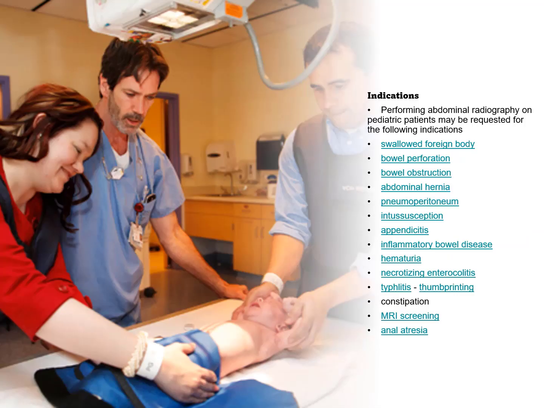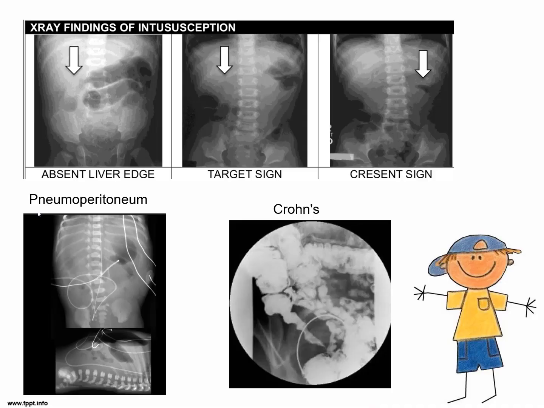There are a number of indications for performing abdominal radiographs, ranging from swallowed foreign bodies down to inflammatory bowel disease. Here we have a list of the indications that are commonly seen when doing an abdominal x-ray for a pediatric patient. In perusing the list, you can also see the need for different techniques to be utilized in demonstrating pathology.